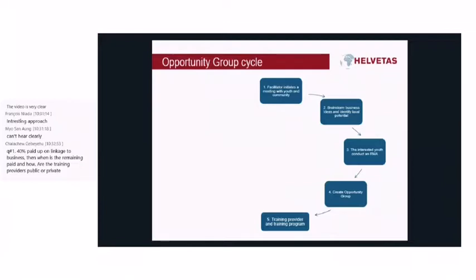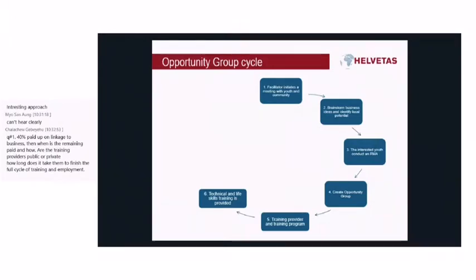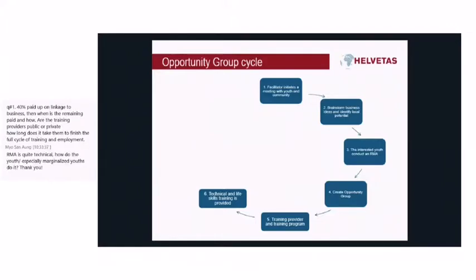The technical and life skills trainings are usually held in a beekeeping orchard in places nearby the opportunity group members, as this helps them to overcome the financial barriers.